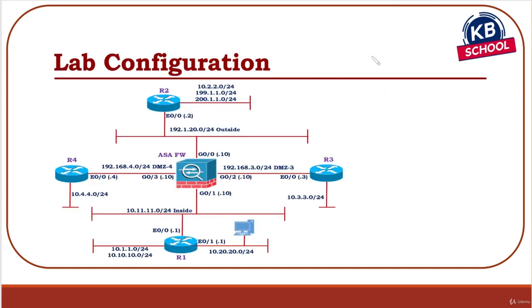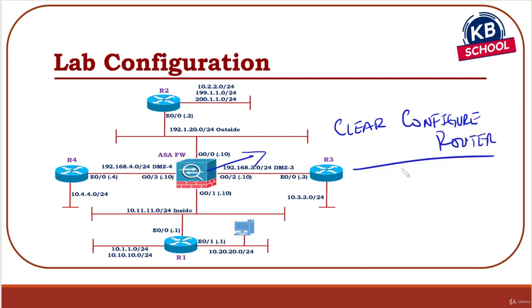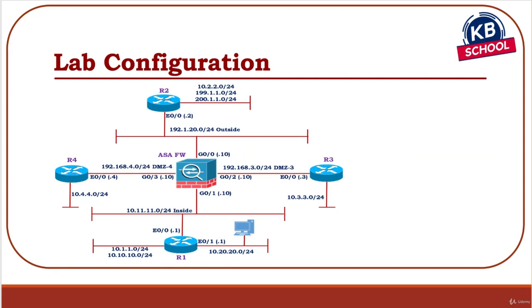Again, we were running EIGRP before this. We'll get rid of EIGRP on the ASA. We have that command, clear configure router, which will get rid of EIGRP over here. And on the routers, the normal no router eigrp command. So that way, we're reset with just the IP addresses on the interfaces, no routing.